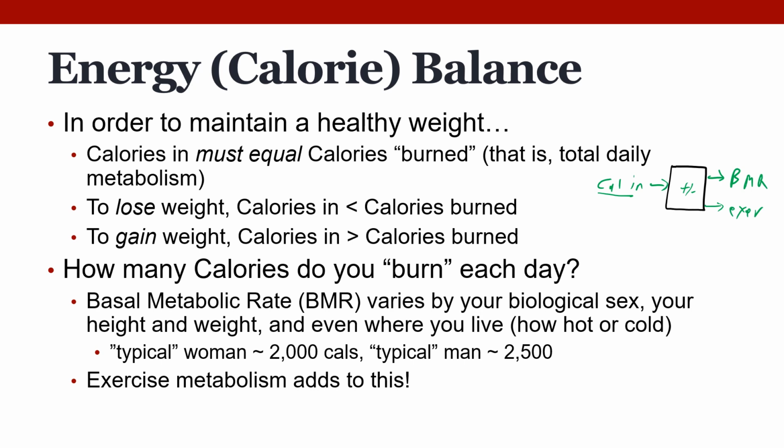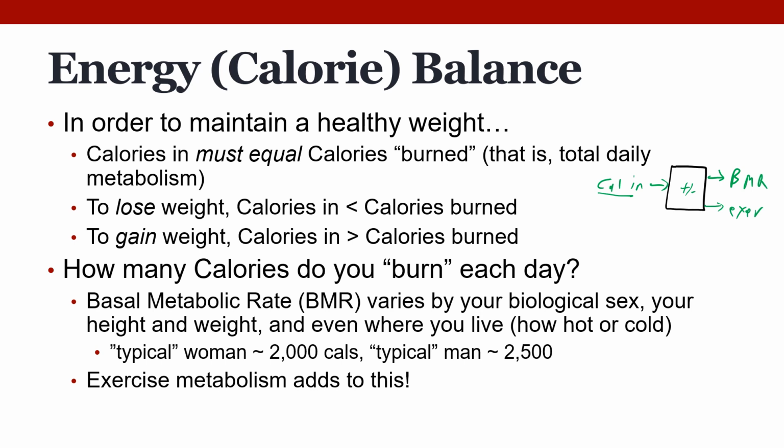I've seen some of these estimates going down in recent years that have suggested that really a maintenance weight for a woman should be about 1,800 calories a day. For a man, it should be more like 2,200 a day. Exercise metabolism adds to the number of calories you burn every day. So if you do a 300 calorie exercise every day, then you can add 300 to your BMR, and that equals your calories in.